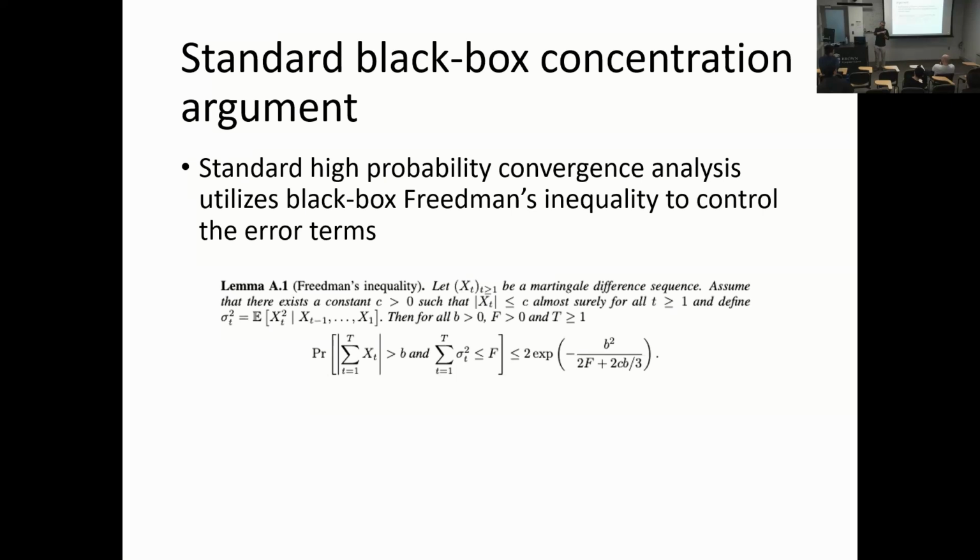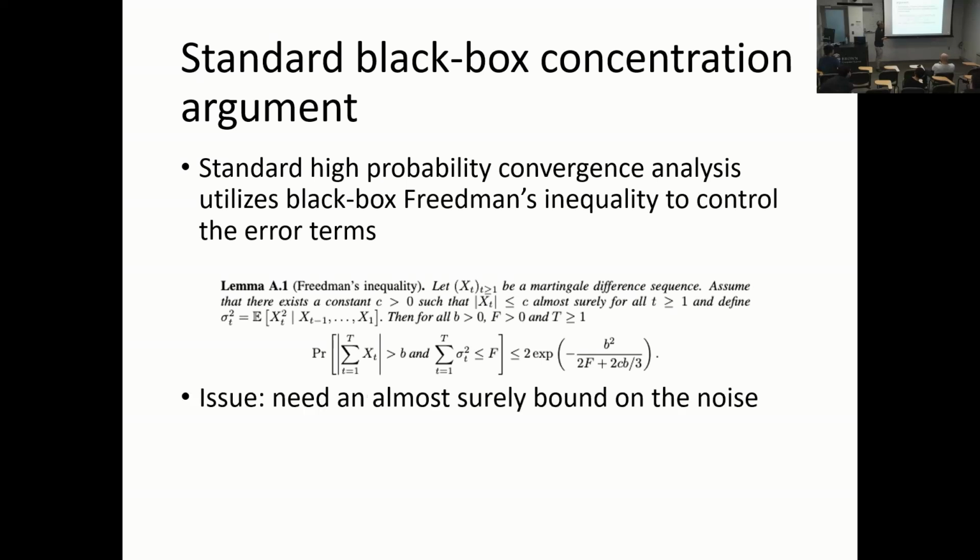Conditioned on all the previous noise, the next noise has expectation 0. So the natural thing to do is to apply some standard martingale concentration results. You could think of it as a Hoeffding-like bound, except that it's for martingales as opposed to independent random variables.